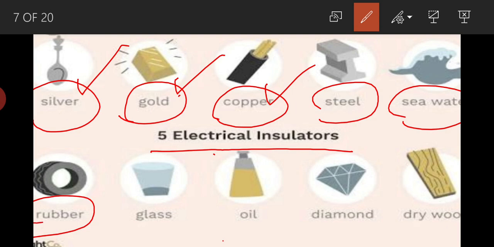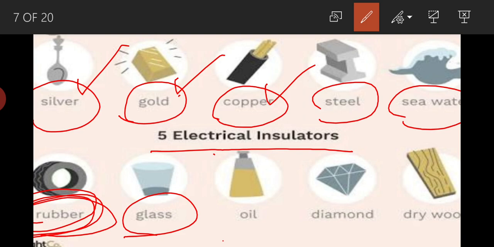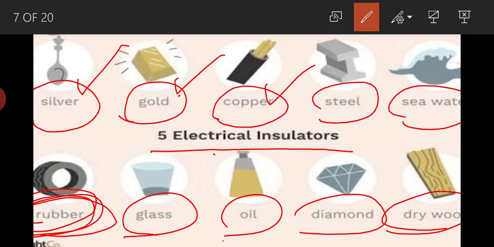For example, rubber is also an organic compound. It does not have any free electron, that is why it cannot conduct electricity. Glass, oil, diamond, all these materials do not have any free electrons, that is why they cannot conduct any electricity.